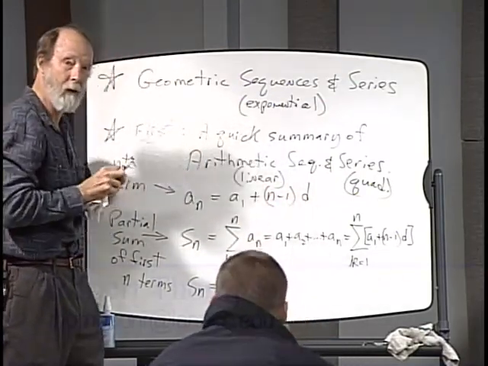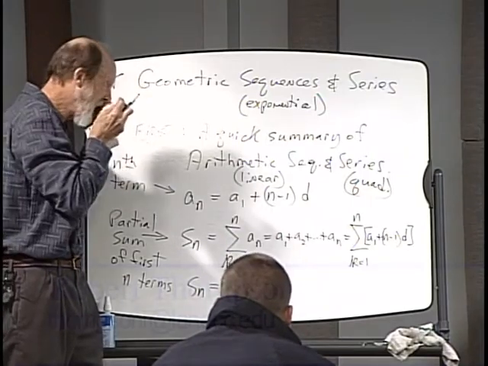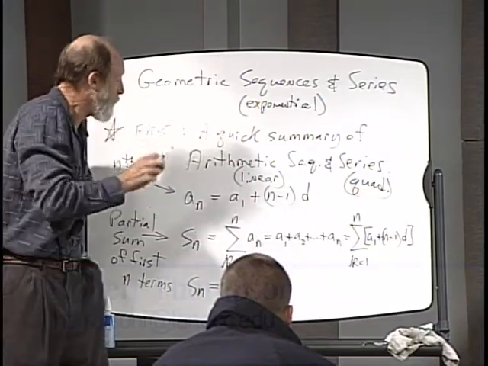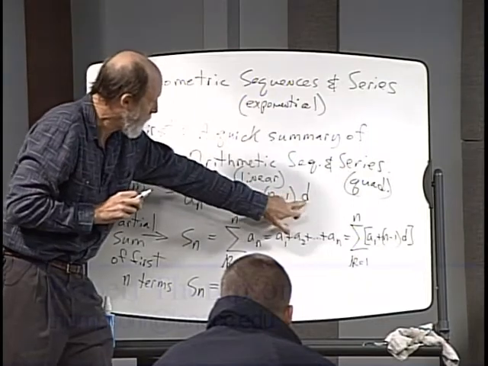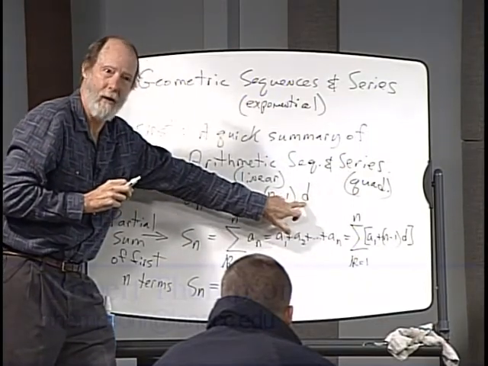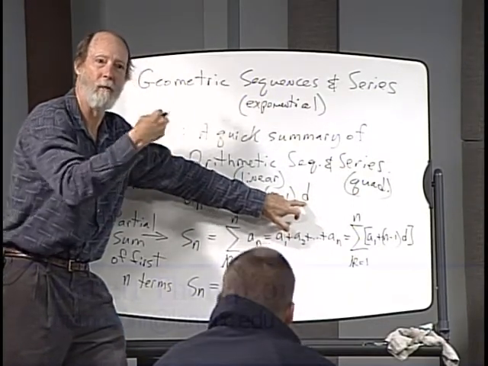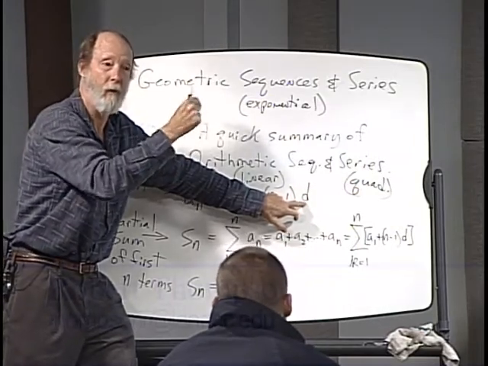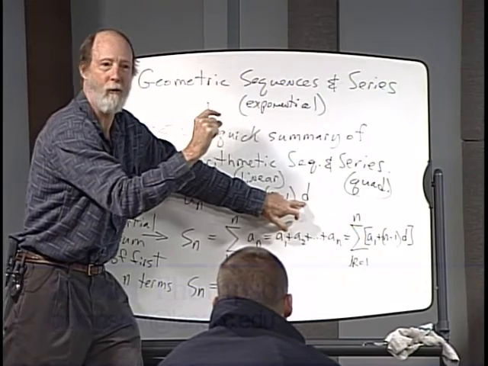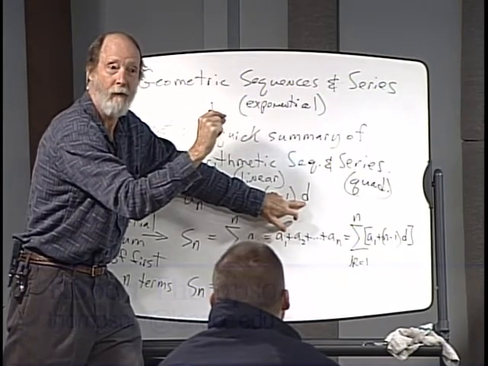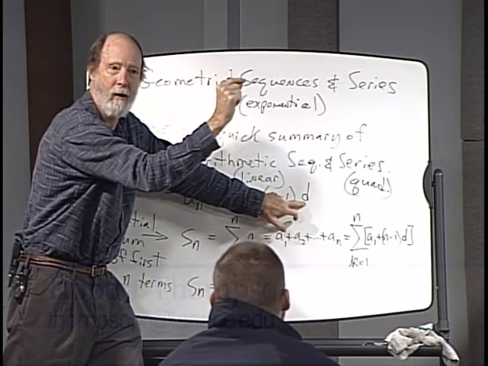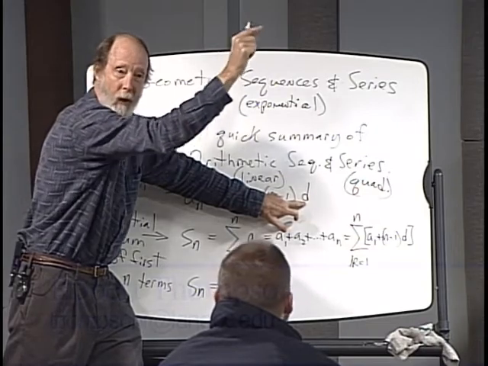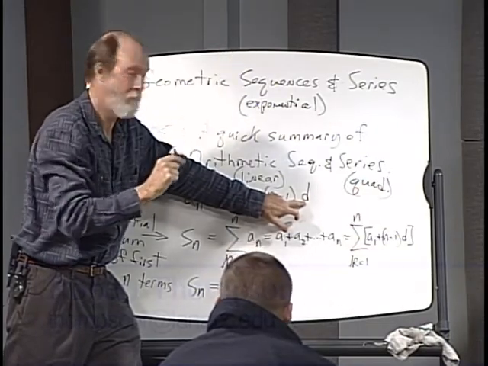Each term changes by a value of d as you move from one term to the next. So if d was 3 and the first term was 20, then the next terms are 23, 26, 29, okay?